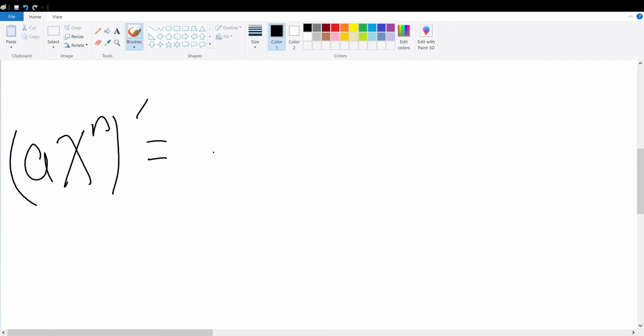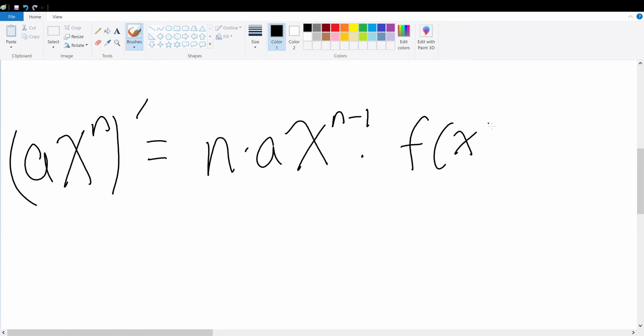You could write it as n times a, where a is a coefficient, times x to the n minus 1 power, times the derivative of your original function, which is f of x. And you know that this essentially is your original function, this variable right here. So that is essentially the power rule and chain rule mixed together.